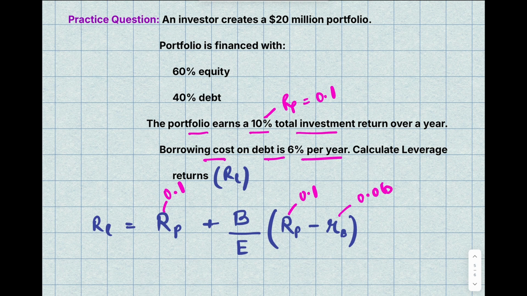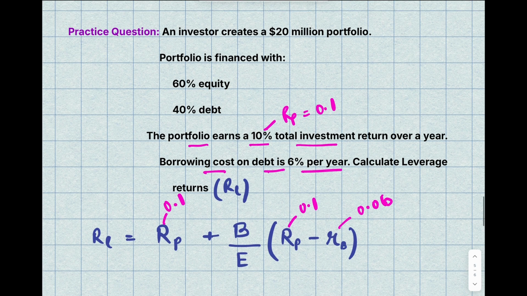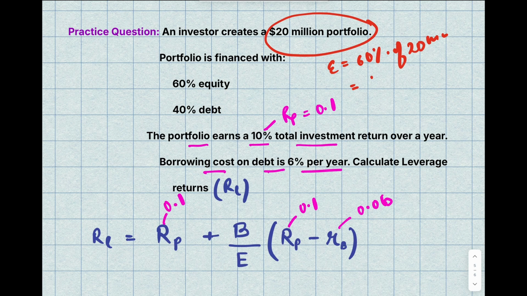What about B and E? So you have 20 million as a portfolio. 60% is equity. So equity would be how much? 60% of the portfolio of 20 million. So it would come to be $12 million.